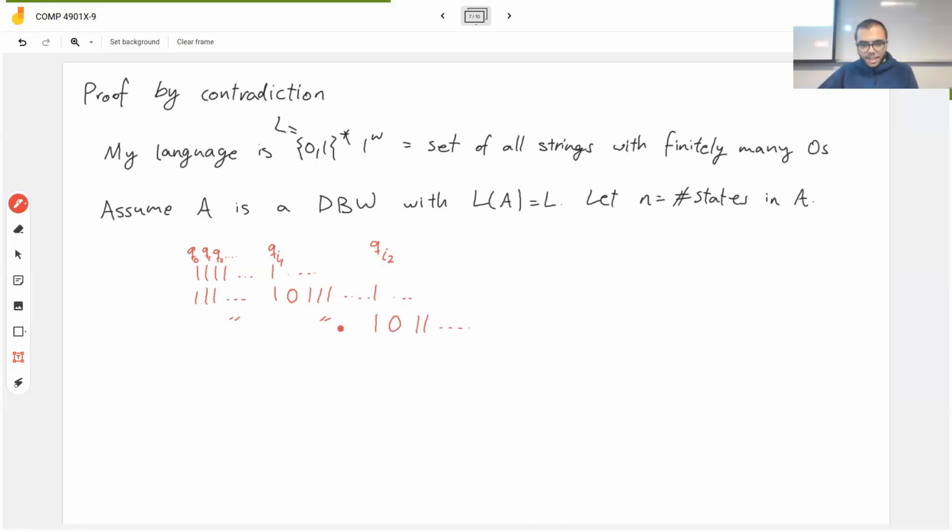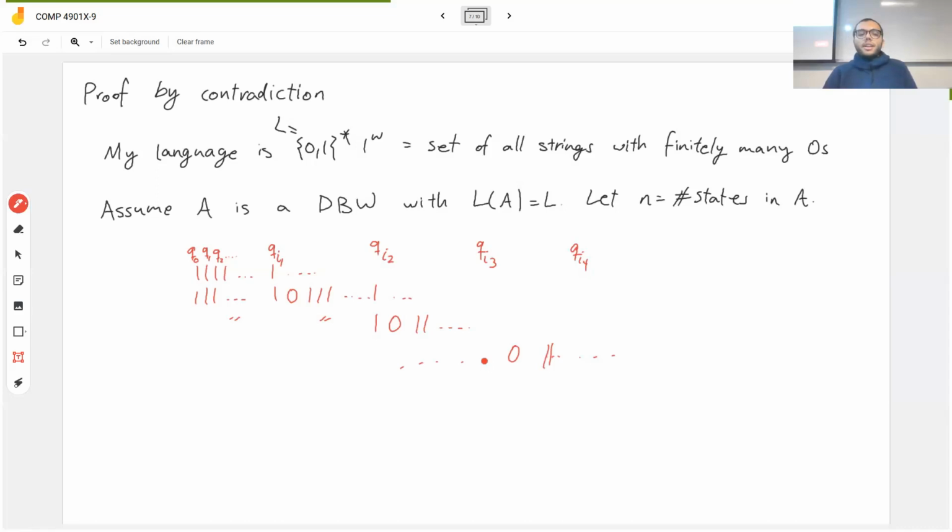Again, this third string has to be accepted. So this third string has to reach an accepting state after Qi2 because it has to reach infinitely many accepting states. So I take the first accepting state and I call that Qi3. And I just continue this. I again create another string that is the same as the previous one, except that it has a 0 here and then it has 1s afterwards. And I find Qi4.